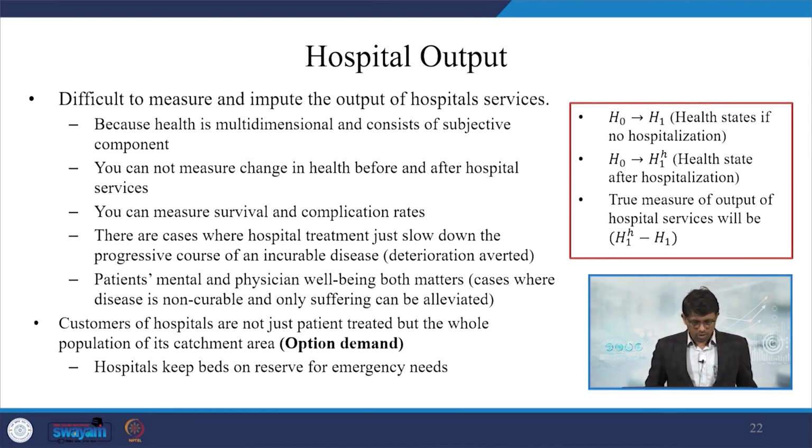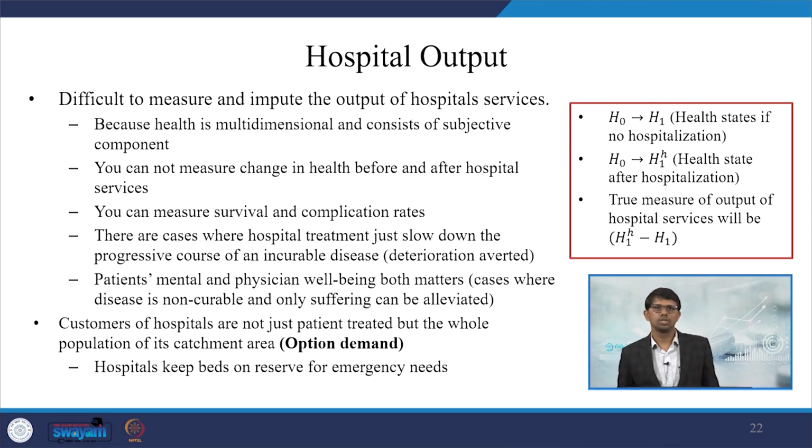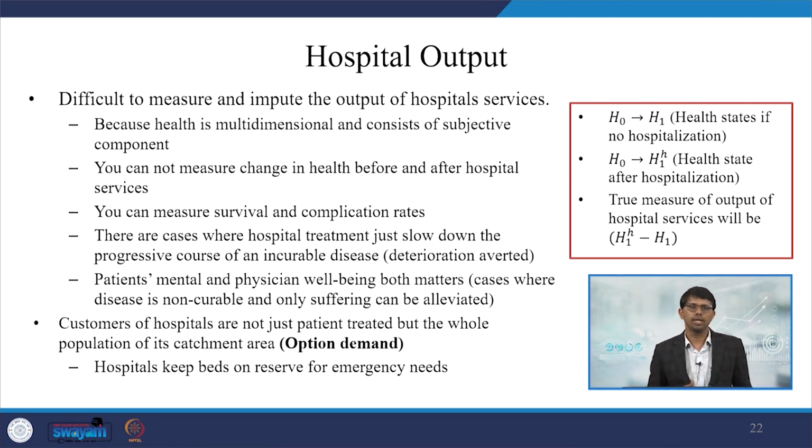And coming to hospital output, it is really difficult to measure the output of hospital services, because health is multidimensional and consists of a subjective component. You cannot easily measure change in health before and after hospital services, though you can measure survival and complication rates, and there are other important points as well.